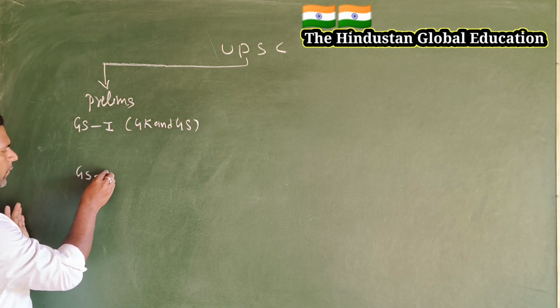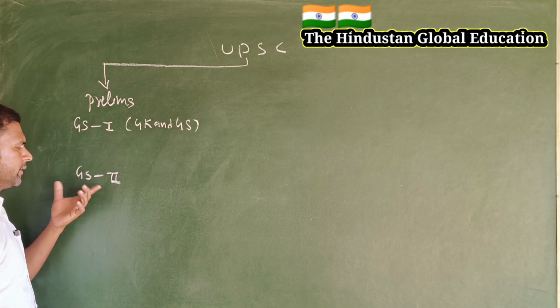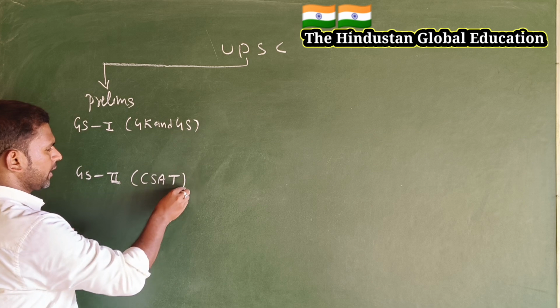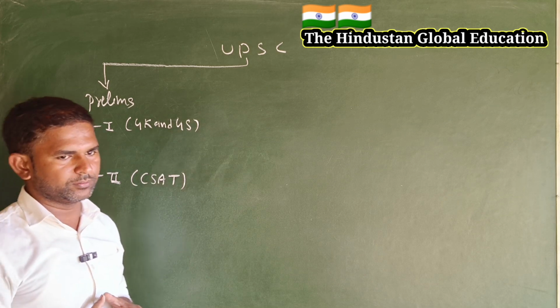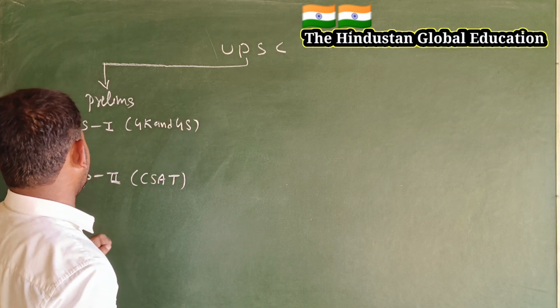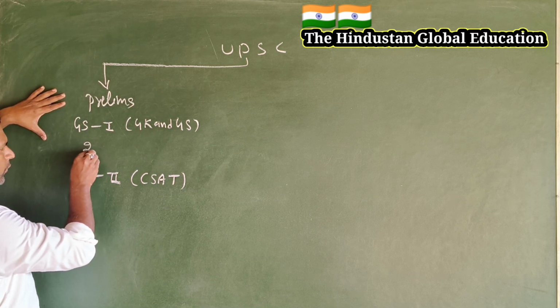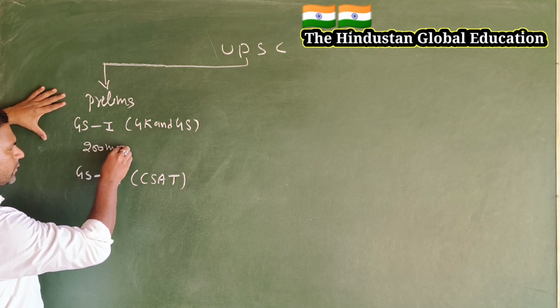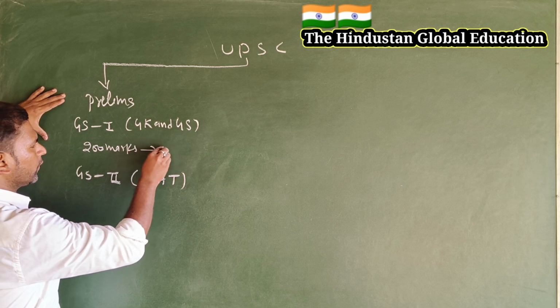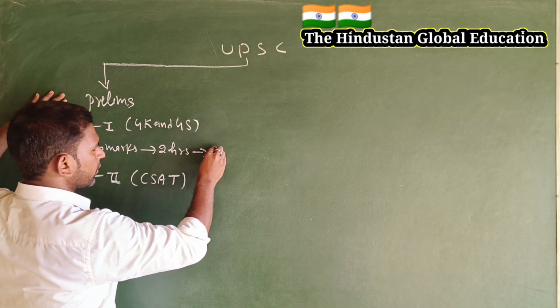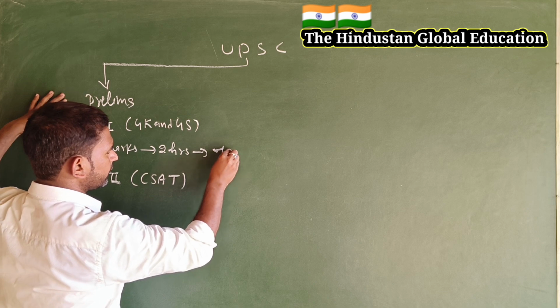After this paper, you will face another paper, GS second, which is also known as CSAT. Very important paper. In GS first, you will get 200 marks, you will spend 2 hours, and you will face 100 questions.